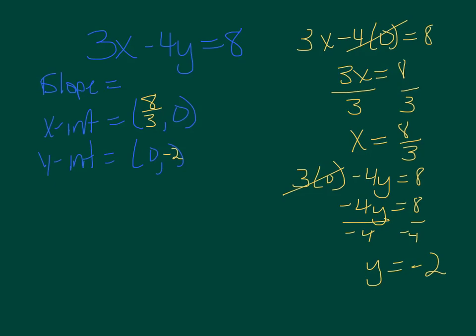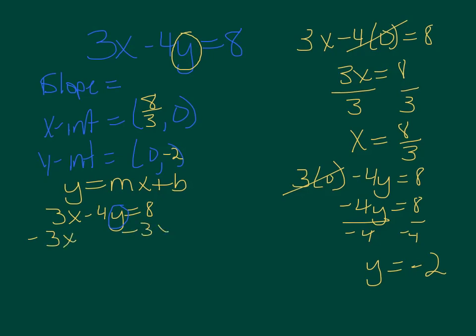In order to find my slope, I need to take this equation again and solve for y. I want it to look like y equals mx plus b. So we have 3x minus 4y equals 8. Again, solving for y. So I want to move the 3x, so I have to subtract it.